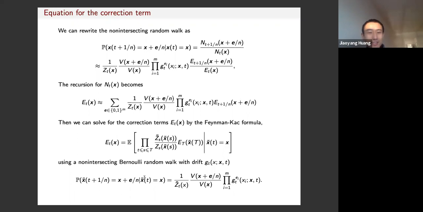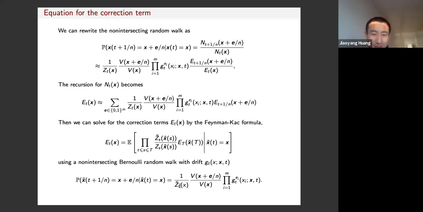And using this non-intersecting Bernoulli walk, this recursion can be solved using the Feynman-Kac formula. Basically, E_t(x) equals: you start this non-intersecting Bernoulli random walk from time t at the configuration x, and then you run it.